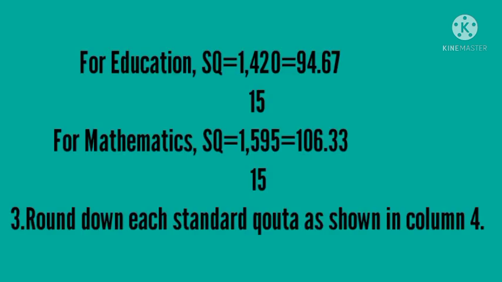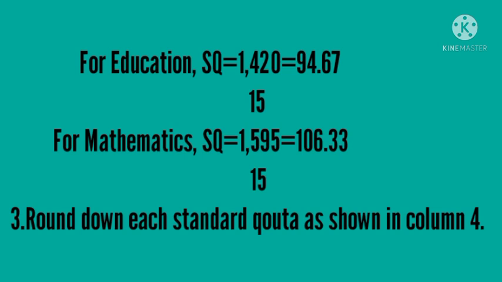For education, standard quota equals 1,420 divided by 15, which equals 94.67. For mathematics, standard quota equals 1,595 divided by 15, which equals 106.33.